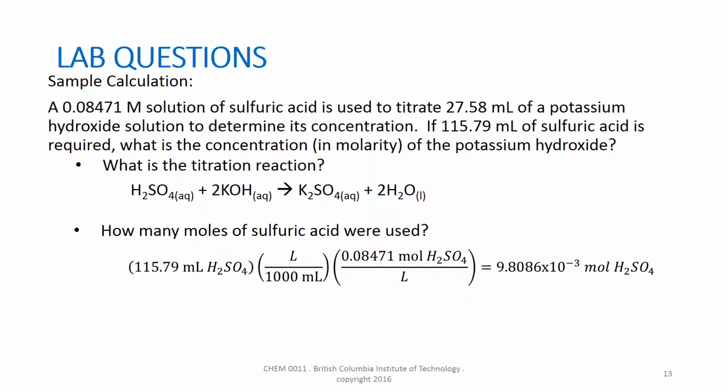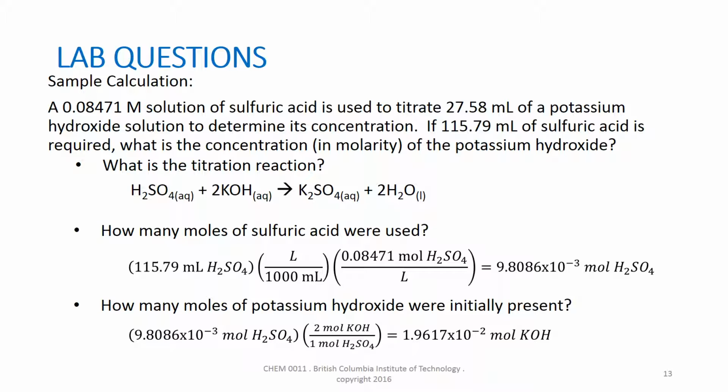The moles of sulfuric acid used can be calculated from the sulfuric acid's concentration and the volume of sulfuric acid used. This gives 0.0098086 moles of sulfuric acid. Using the mole ratio from the balanced titration reaction, the moles of potassium hydroxide initially present is found to be 0.019617 moles.